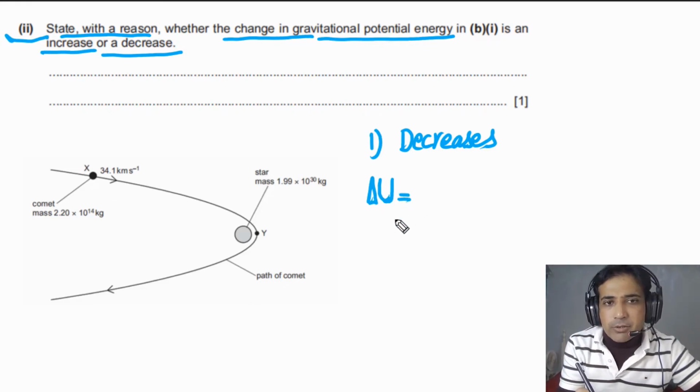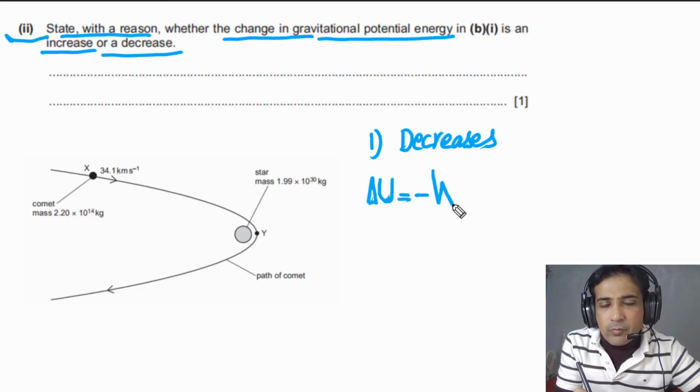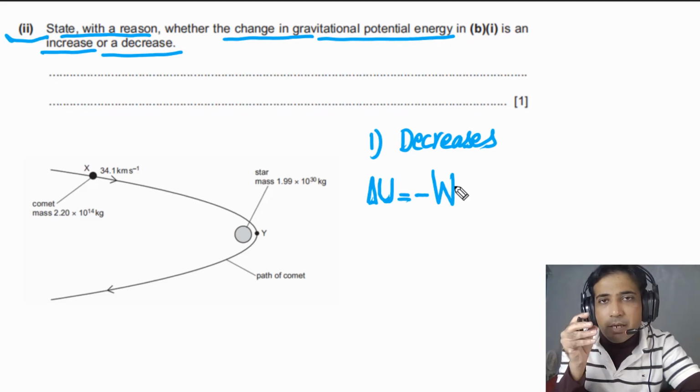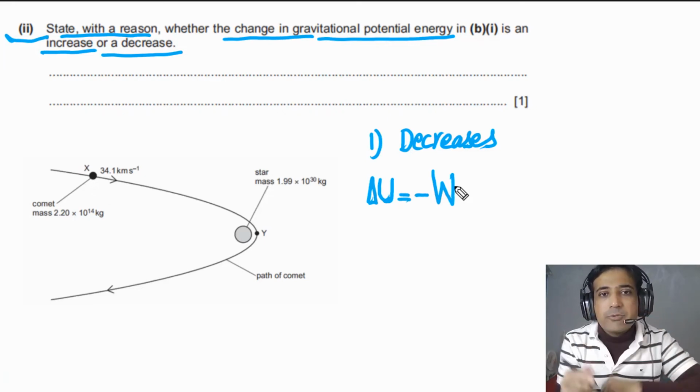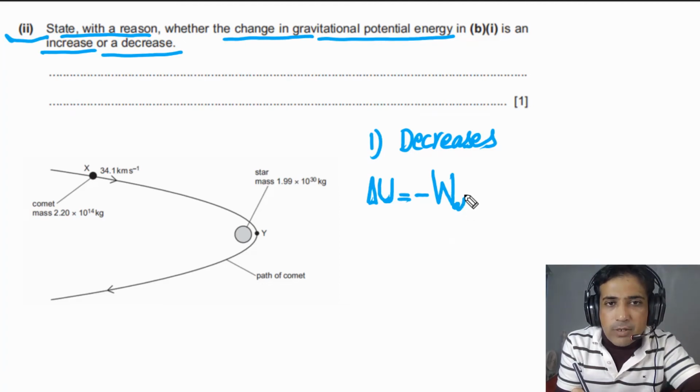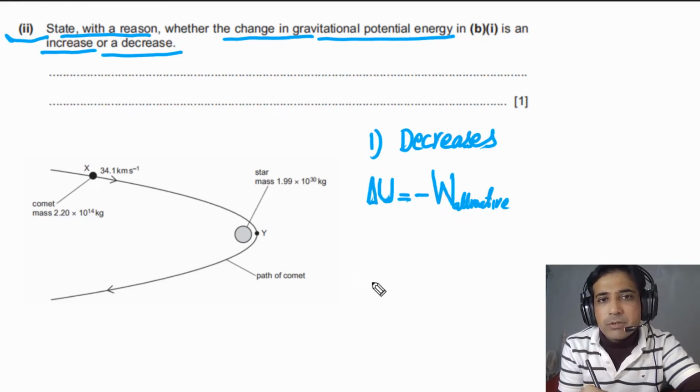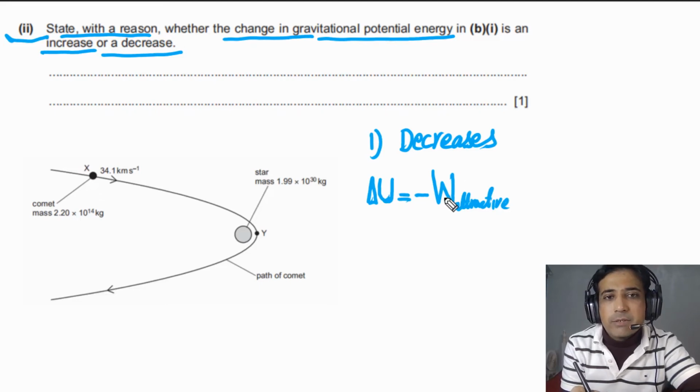Change in gravitational potential energy is equal to the negative of the work done by gravity, or simply I can say by any attractive force. That is also true for electrical force when the electrical force is attractive. So simply we can say for an attractive force, if the work done by the attractive force is positive, it means the change in gravitational potential energy will be negative, and vice versa is also true.